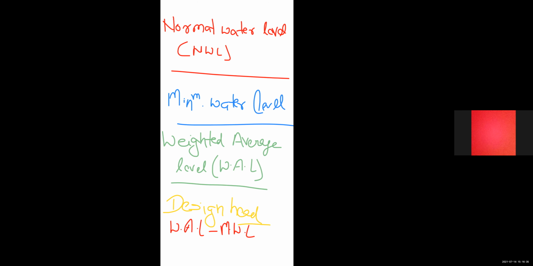That is the head which reaches the turbine. Design head is that net head under which the turbine reaches peak efficiency.